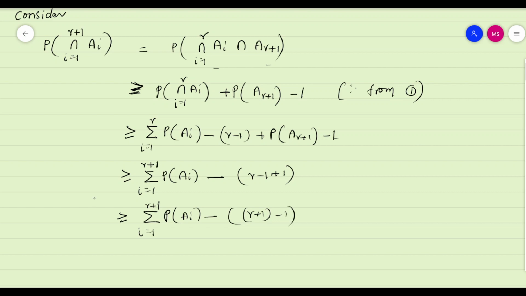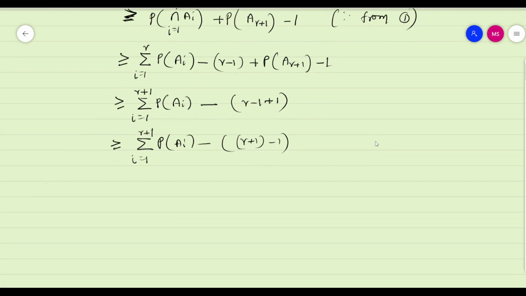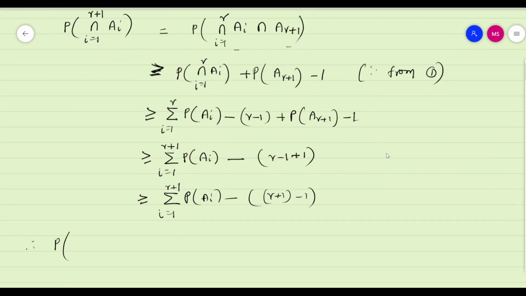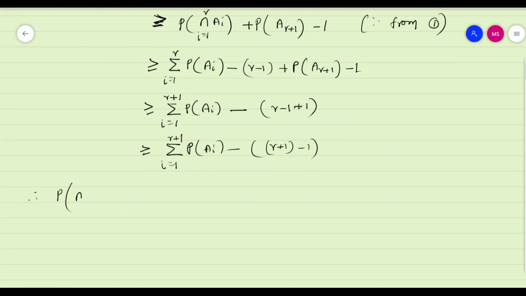Observe that therefore P of intersection i equal to 1 to r plus 1 ai is greater than or equal to summation i equal to 1 to r plus 1 P of ai minus (r plus 1 minus 1).